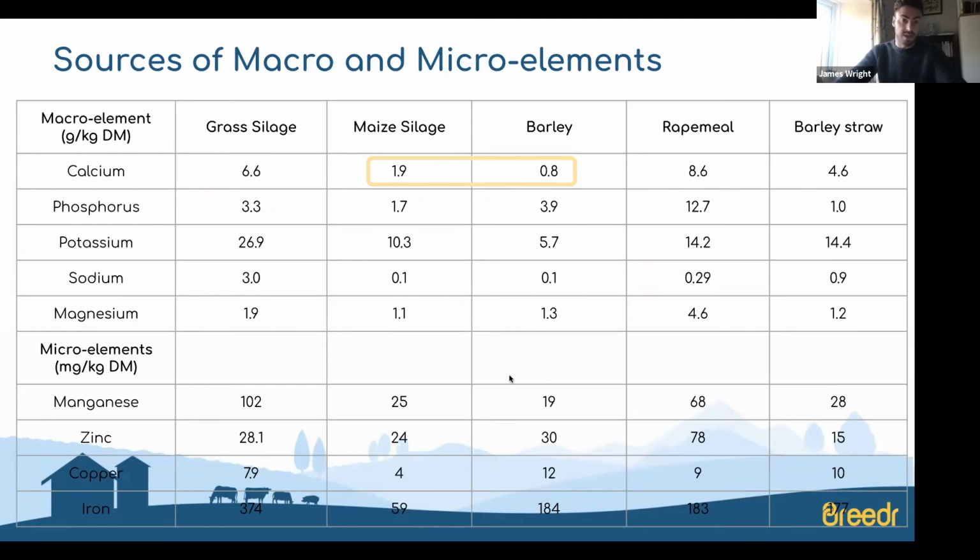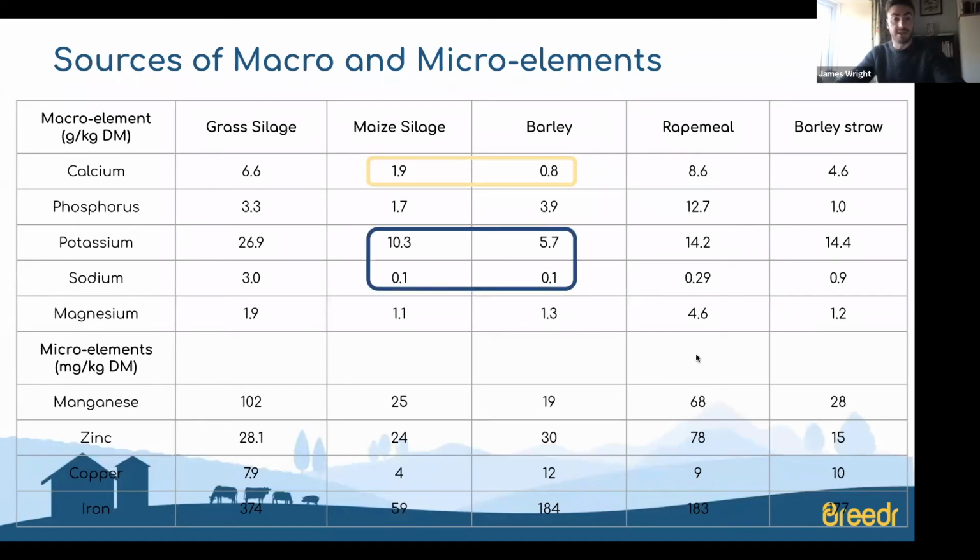I didn't expand on it on the previous slide, but with calcium and phosphorus, the animal will try to keep a constant level of two calcium to one phosphorus. So if there's not enough calcium in the body, then they'll be drawing that calcium out of the bone to compensate for that. If we're drawing calcium out of our bone, then that's going to cause brittle and weaker bones, which is not what we want.